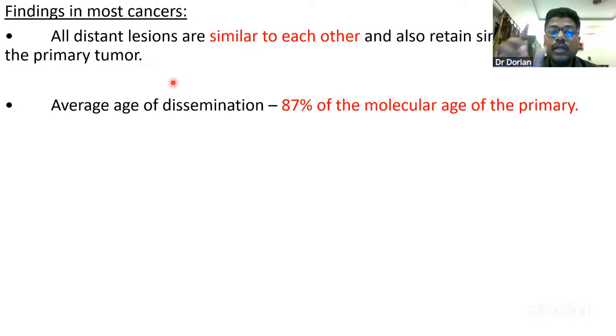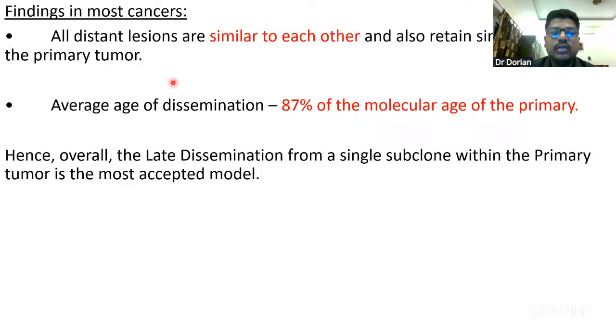That means 87% of the molecular age of the cancer should be completed for a cancer to disseminate. That means it is late dissemination, not early dissemination. Hence, overall, late dissemination from a single subclone is the most accepted model.